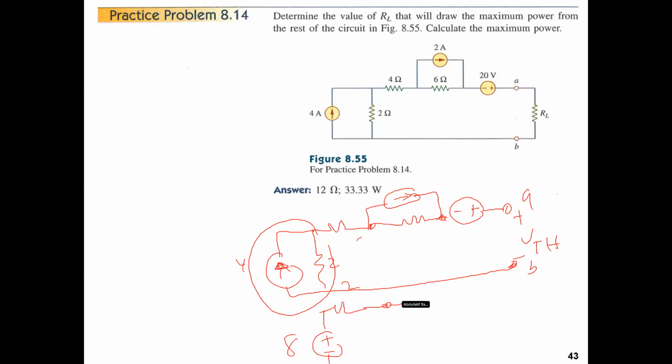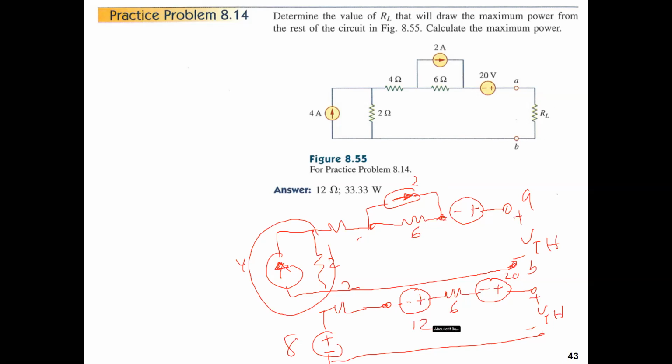We put a resistor and a voltage source. Let's put the voltage source first, plus here, minus here, because the arrow points to the right, the head I mean. Then a resistor in series, and then the voltage source of 20 and VTH. Again, this is an open circuit, so let's put 6 here, and the voltage source will be 2 times 6, which is 12.